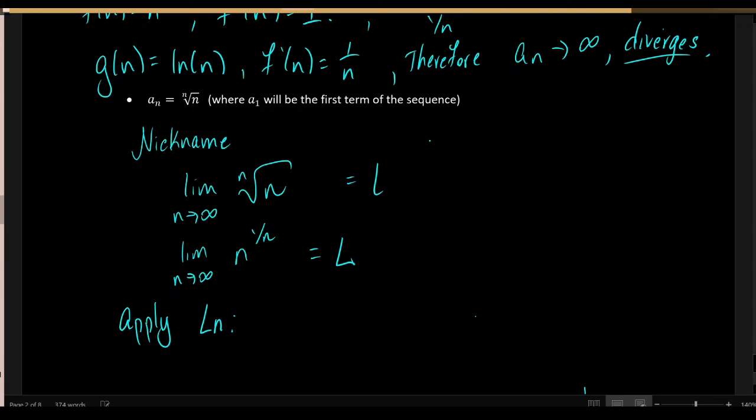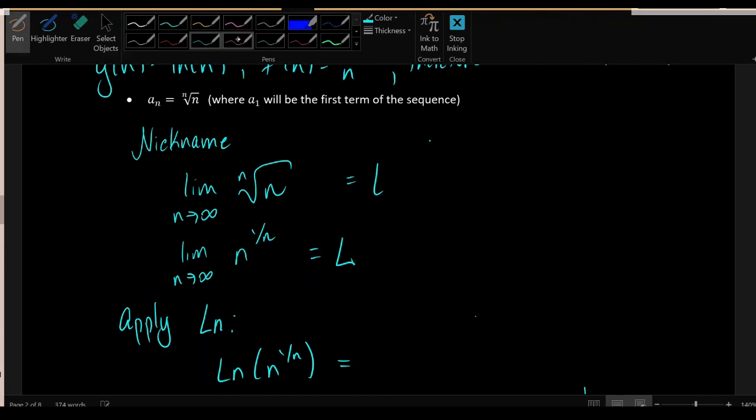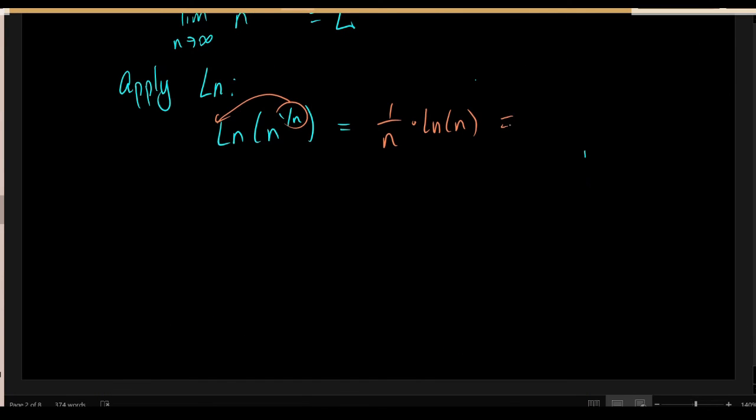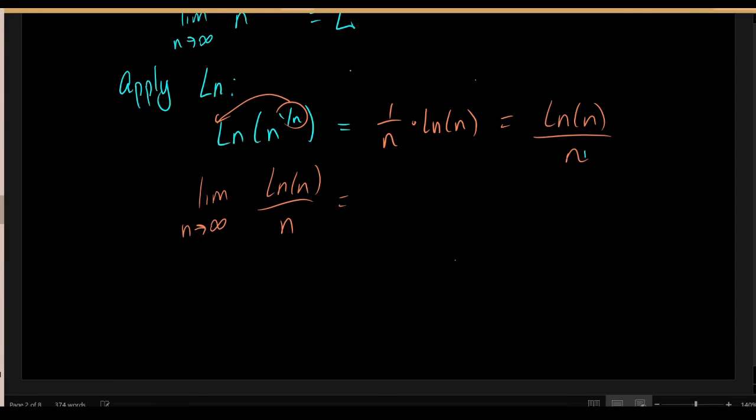Now the natural log of n to the power 1 over n, you can take that exponent of 1 over n and pull it to the front. So that gives us 1 over n times natural log of n, which is equal to natural log of n over n. Okay, so that was the left-hand side. So we have the limit as n goes to infinity of natural log of n over n. And if we apply the natural log to the right side, we get the natural log of the limit.